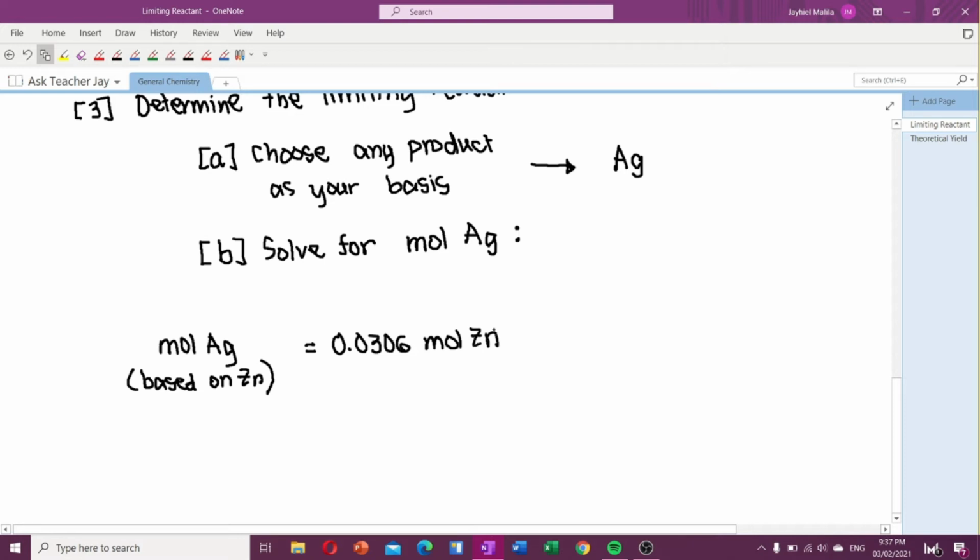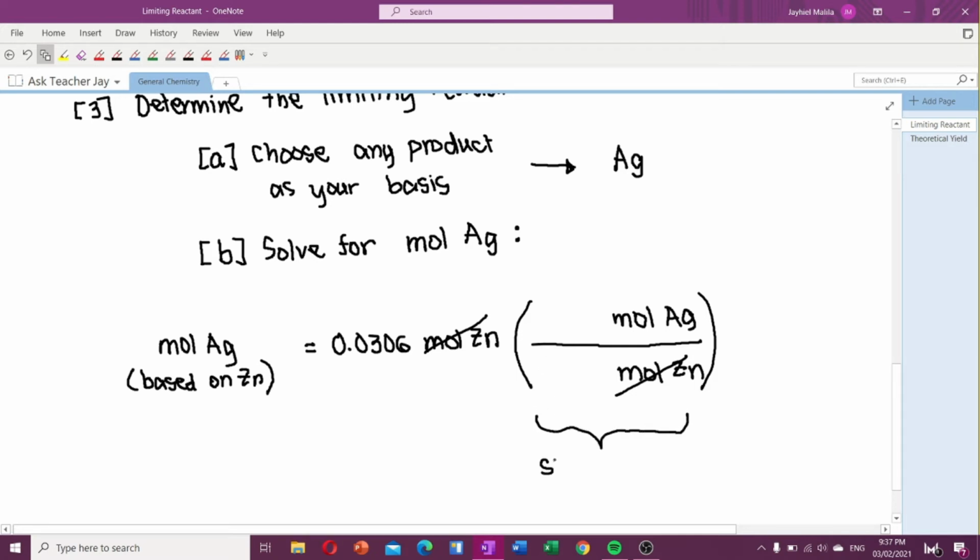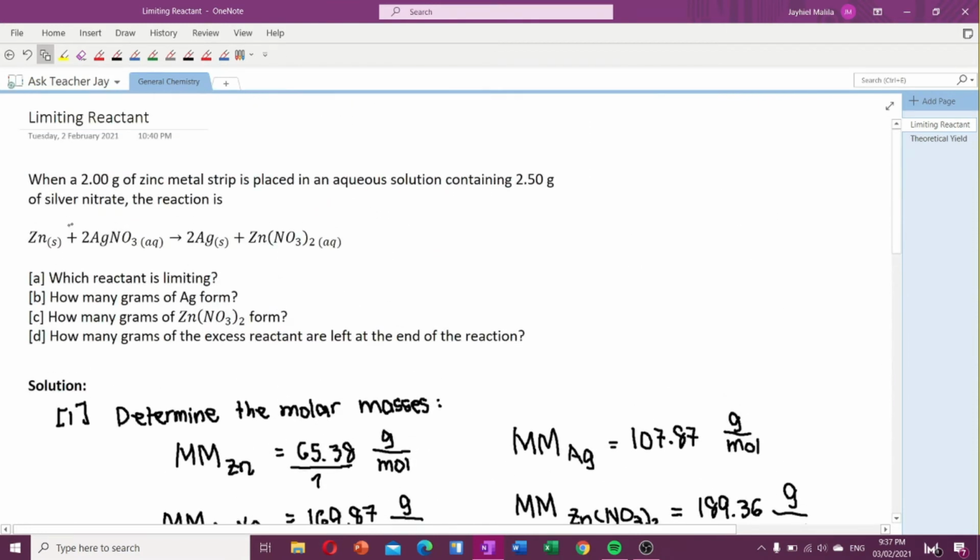After that, we are going to convert this moles of zinc to moles of Ag because that is our goal. As to the values that we're going to place here in the numerator and the denominator, remember that we're going to use the stoichiometric ratios, and we can find that in the chemical equation.